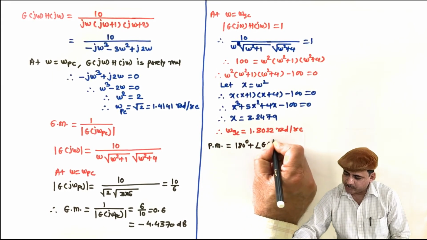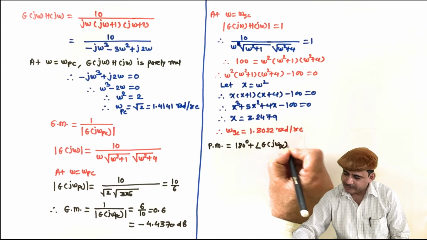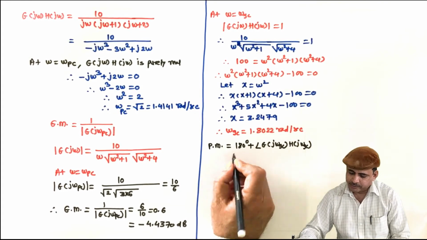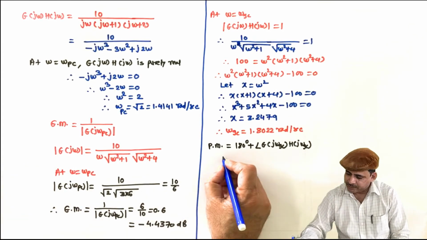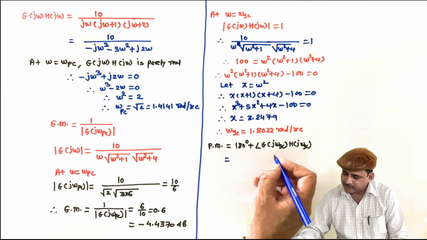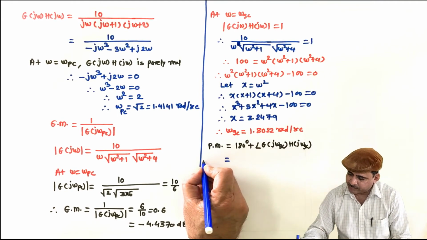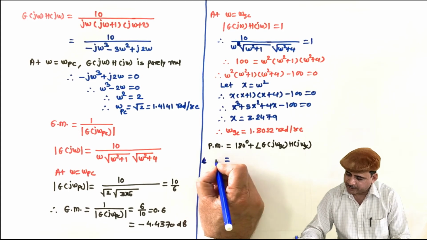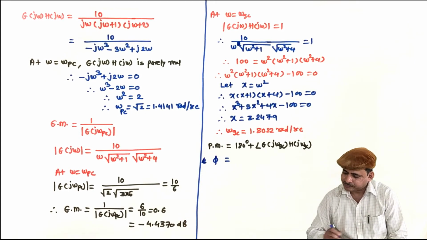Then we have phase margin is equal to 180 degree plus the angle of g of j omega GC h of j omega GC. So let us find out that angle, or I will call that angle phi.